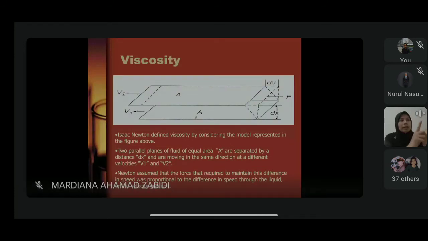When you continuously rotate that particular spindle, the fluid that is the farthest, maksudnya yang lebih jauh daripada spindle tu, they will start to follow the direction of the rotation. So that one is a shearing process. And the force required to make that particular liquid move according to the direction of the spindle, that one is known as shear stress. Nanti sekejap lagi kita I explain.